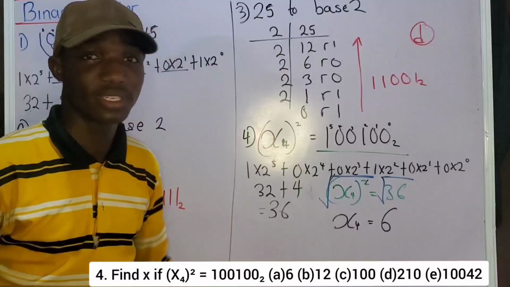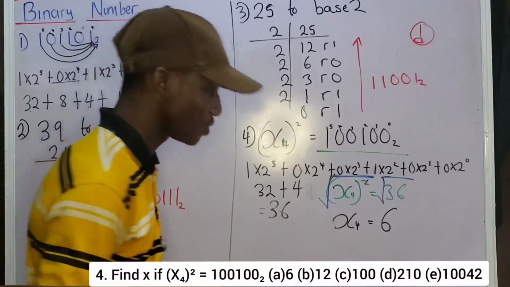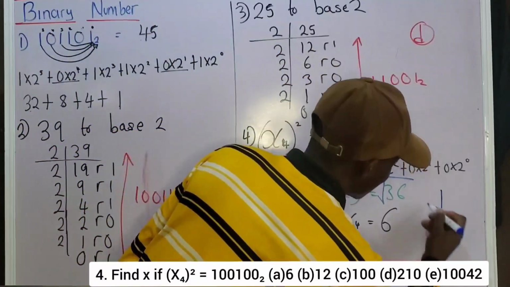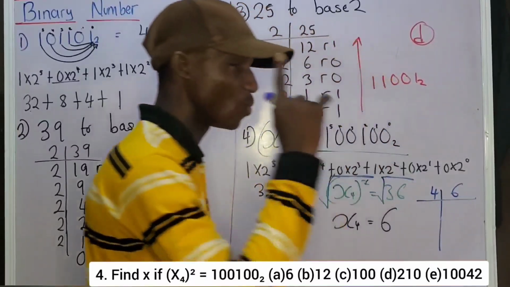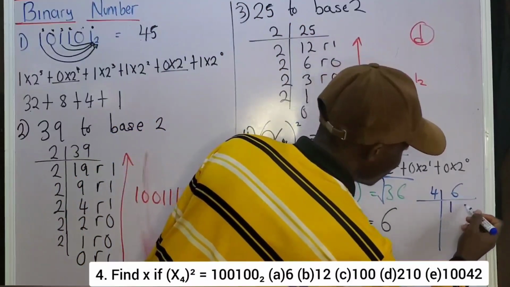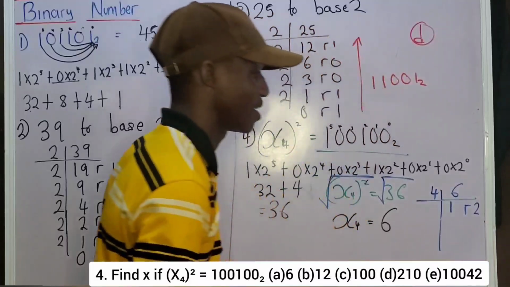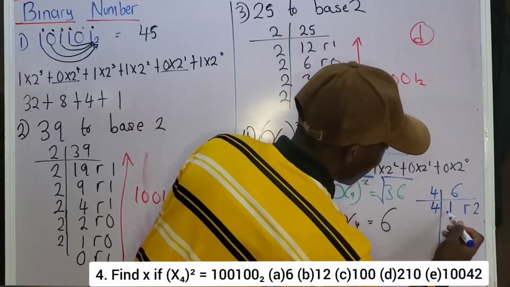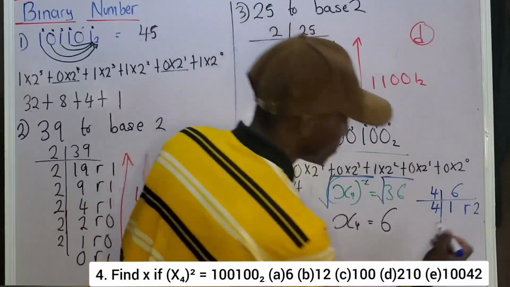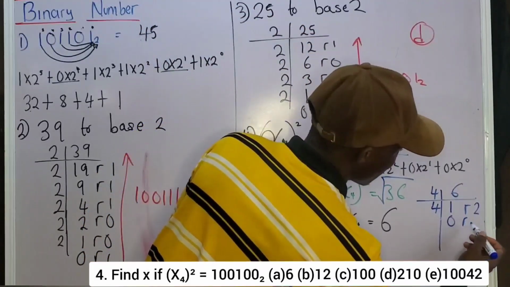So if you are converting 6 to base 4, all you have to do is draw something like this. 6 divided by 4, that is 1 remainder 2, right? Then 1 divided by 4, just put 0, 0 remainder 1.